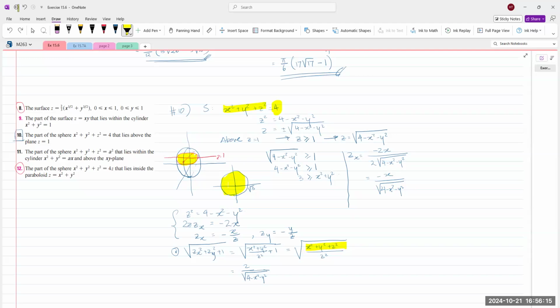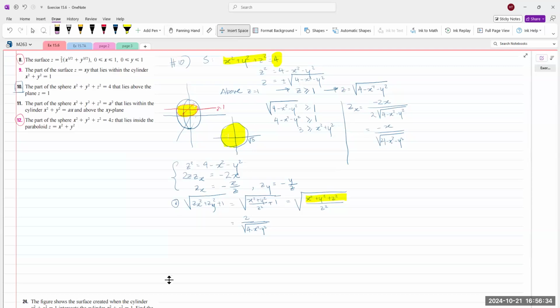Now the second method that we did here, we change everything into x and y first and then do the partial with respect to x, right? So either way you will get the same result. Now I show you this second method simply because I want you to enrich yourself. Now we now have the integrand already.